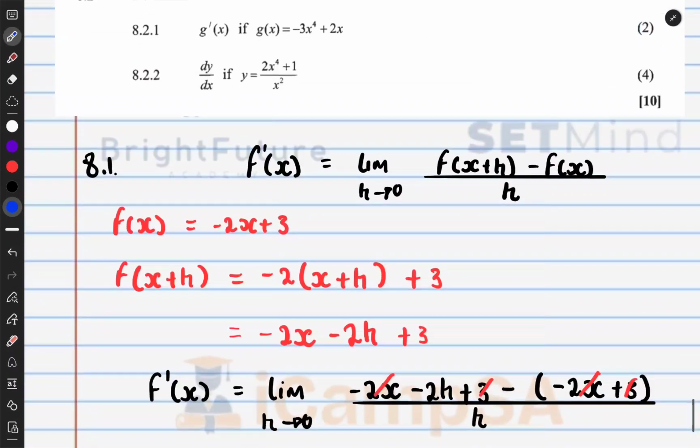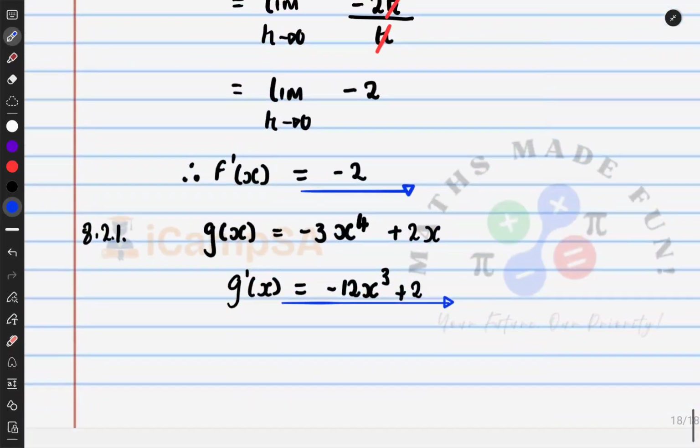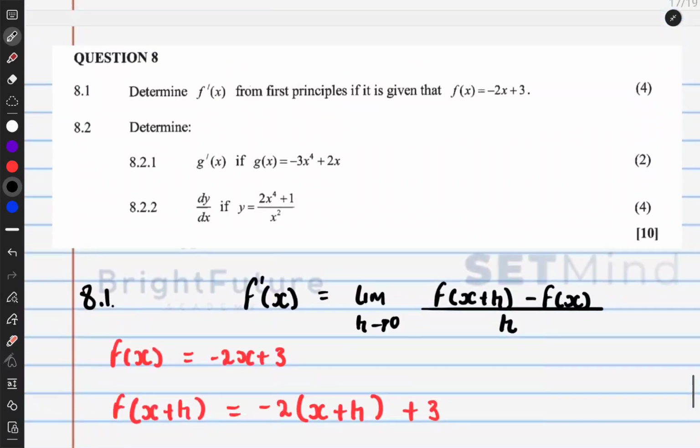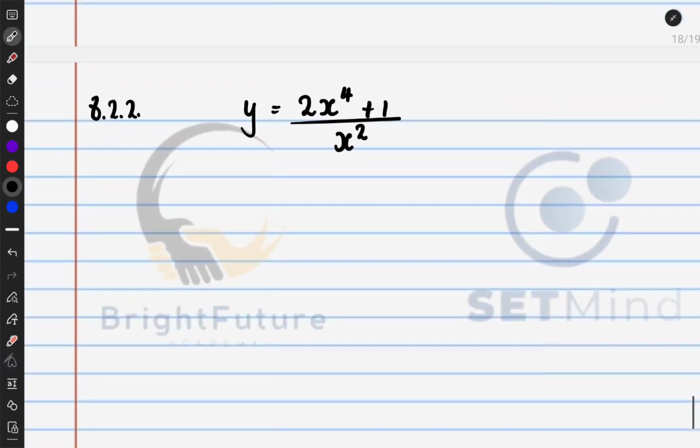Okay, so first things first, y is equal to 2x to the power of 4 plus 1 over x squared. So for 8.2.2, y is equal to 2x to the power of 4 plus 1 divided by x to the power of 2. Yes, I got that correct.